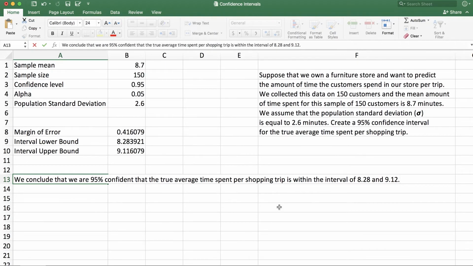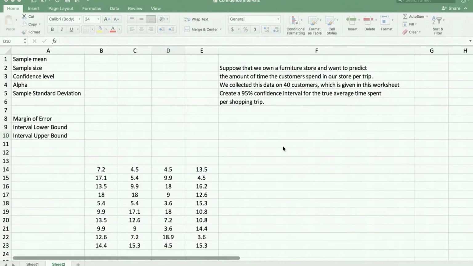So this is the case where we know the population standard deviation. So now let's look at the second situation where we don't know the population standard deviation, but we have the sample data, and we are going to use the sample to estimate the confidence interval that includes the population mean.